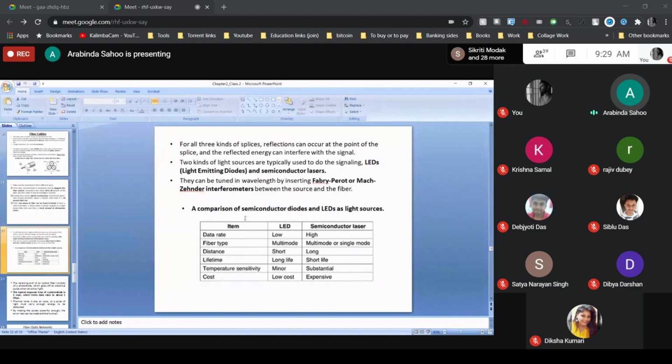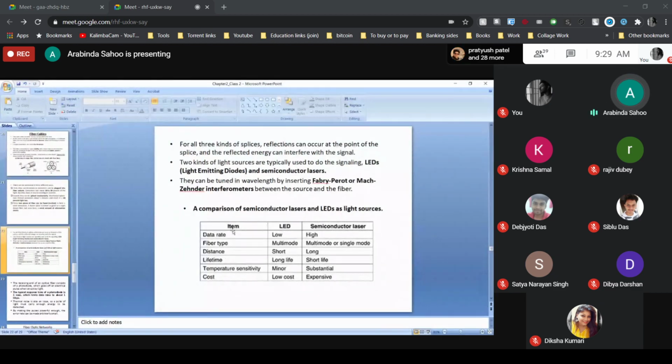If you compare the light emitting diode and the semiconductor laser, you can make a table and write down all of it: a comparison of the semiconductor laser with LED as light sources.